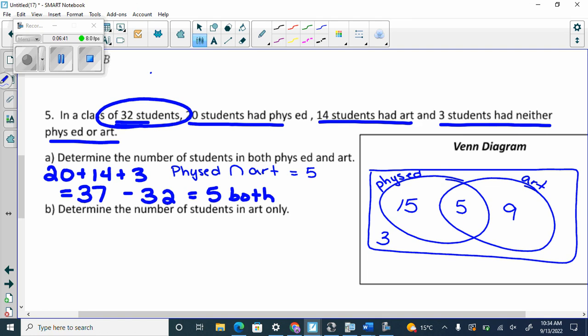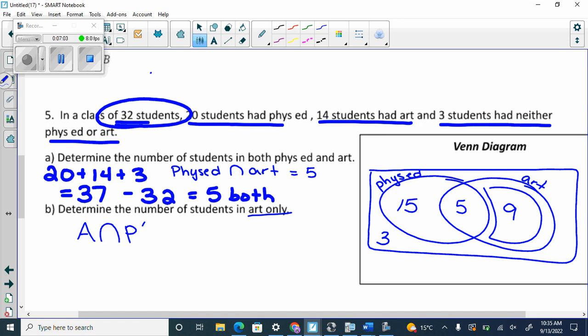Then I want art only. Art only is 9. Now, how would I do art only? Art only is a crescent moon shape. Do you see that? When I do crescent moon shapes, what I want is art and not phys ed. Remember, if you want a crescent moon, it's an intersection.